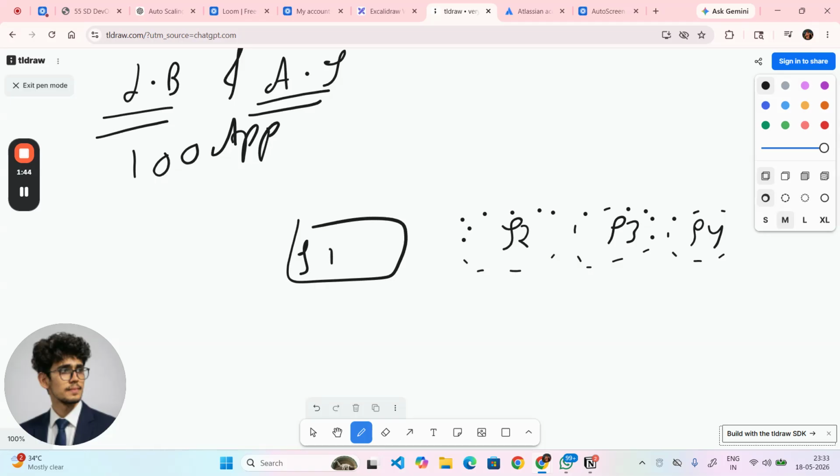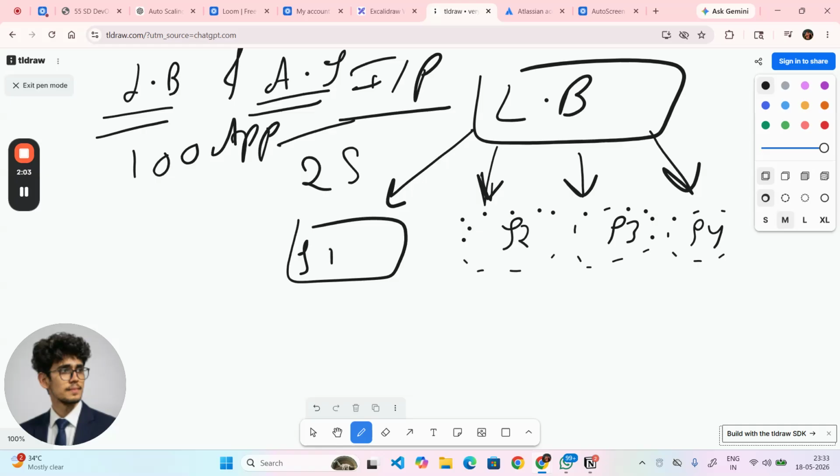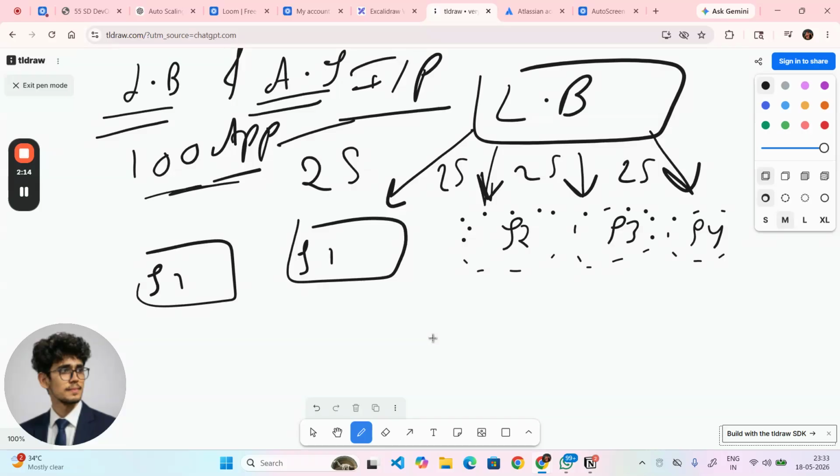So now what is happening here? These are the input applications. These input applications are going to be taken care of by the load balancer. Now the load balancer is going to balance the applications equally across all the servers. Previously, when all the 100 applications were hitting a single server, there was a drawback.